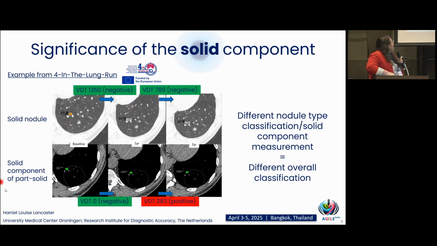Whereas if you take the solid component, classified as a part solid nodule, the solid component is measured smaller. From baseline to 1 year, it's negative, in agreement with the solid measurement. But from 1 year to 2 years, the volume doubling time suddenly becomes less than 400 days, which we would classify as a positive. So between the solid measurement and the solid component measurement, you end up with a different nodule type classification, a different measurement, and a different overall classification for the participant.